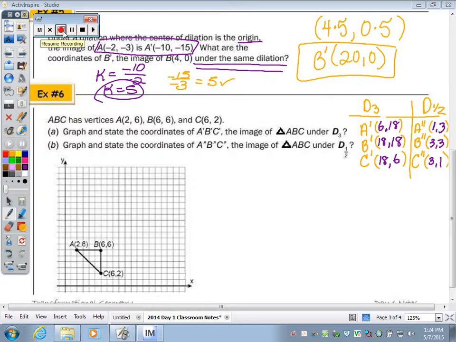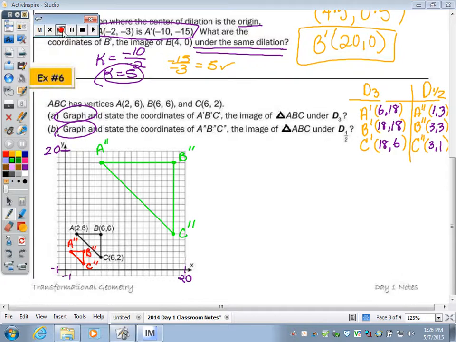So in the table, we just found the points or the coordinates for the dilations of 3 and 1/2. Now I want you to take a minute and graph them both. So using a straight edge if you need to. All right, so part A and part B both wanted us to just graph and state the coordinates of those two triangles, but I also want to take a look at, again, the ratio of perimeters and areas because these triangles are similar.